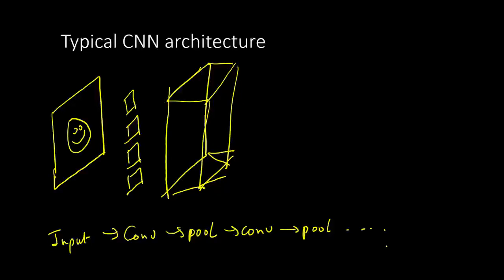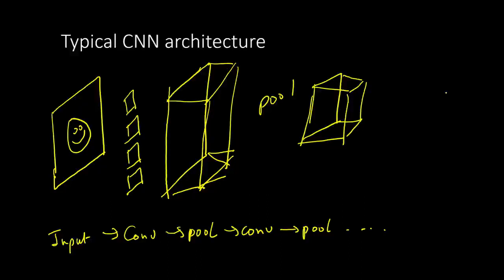So for example here, after that, if I do pool, the feature map is going to be of a smaller size. Same number of channels but a smaller height and width, and then again conv and pool, and then it will become smaller and smaller. So at some point it will become very small.